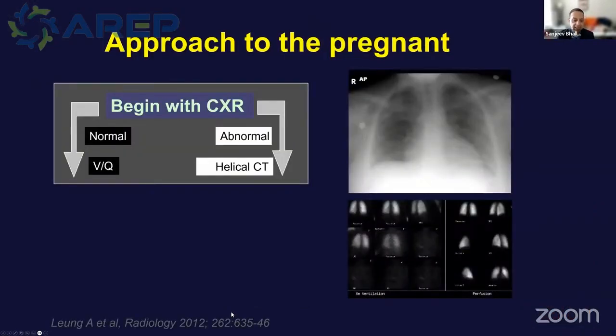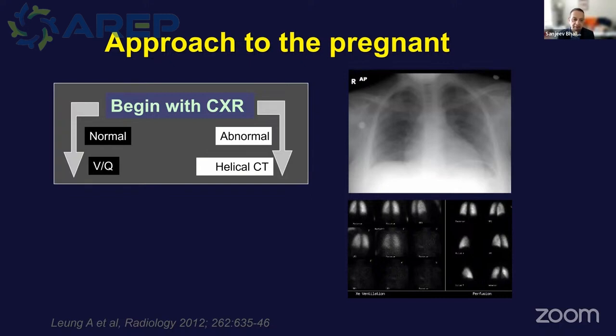Now, I do want to just highlight that there is a question that sometimes arises with pulmonary embolism evaluation: what about the pregnant patient? What should we be doing with pregnant patients and pulmonary emboli? The thought has always been that if you can do a VQ scan, the VQ scan is a better study because it's lower radiation to the mother.